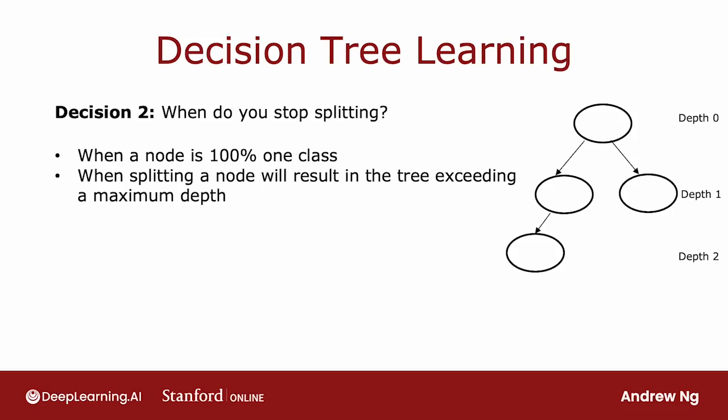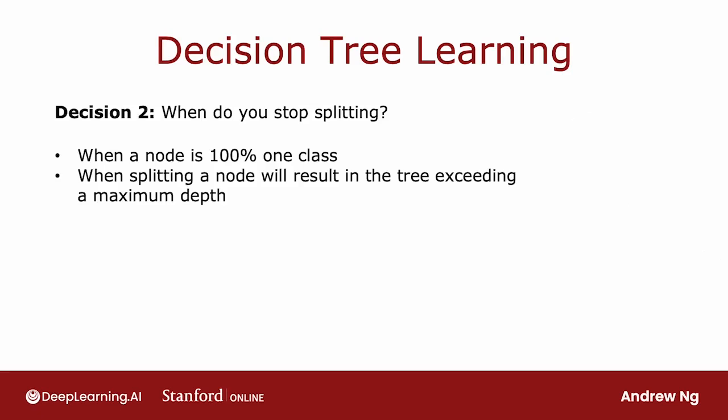And so if you had decided that the maximum depth of the decision tree is, say, 2, then you would decide not to split any nodes below this level so that the tree never gets to depth 3. And one reason you might want to limit the depth of the decision tree is to make sure, first, the tree doesn't get too big and unwieldy. And second, by keeping the tree small, it makes it less prone to overfitting.